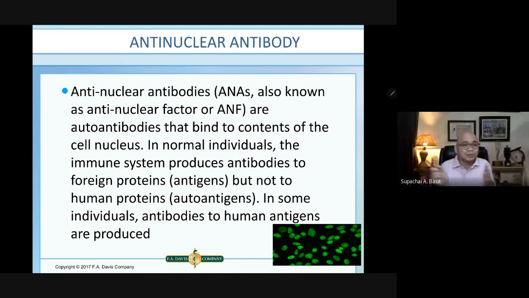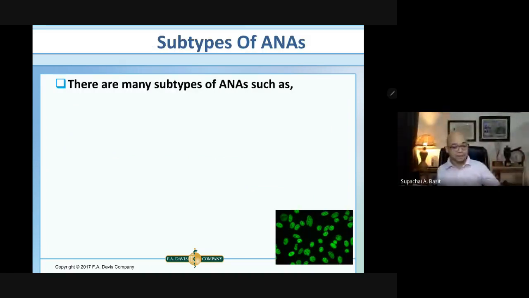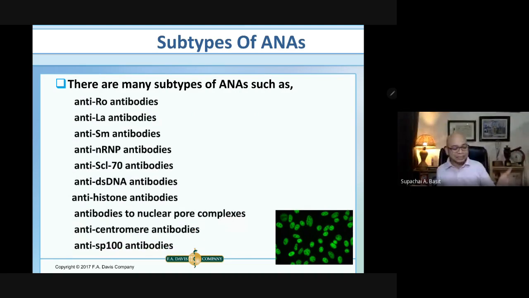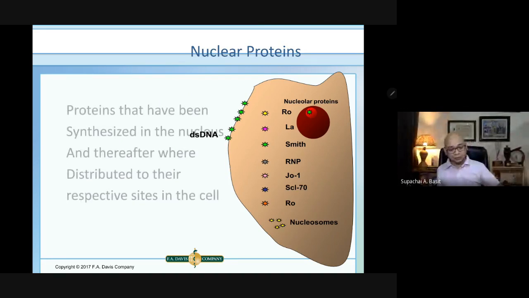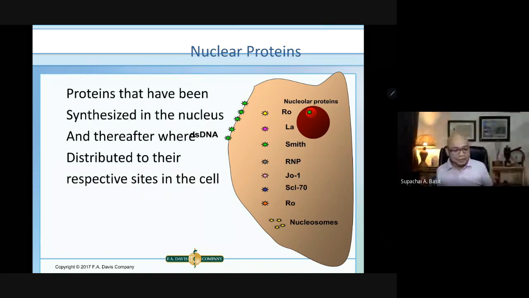So this is where anti-nuclear antibody will come into play. There are many subtypes, which I have already enumerated a while ago. If you develop antibodies against nuclear proteins, this is where you develop anti-nuclear antibodies.